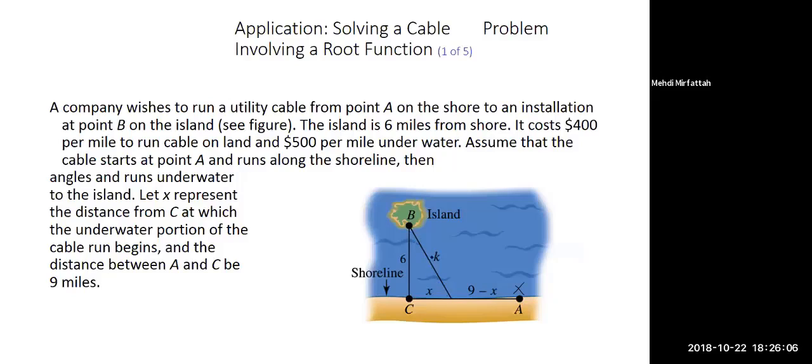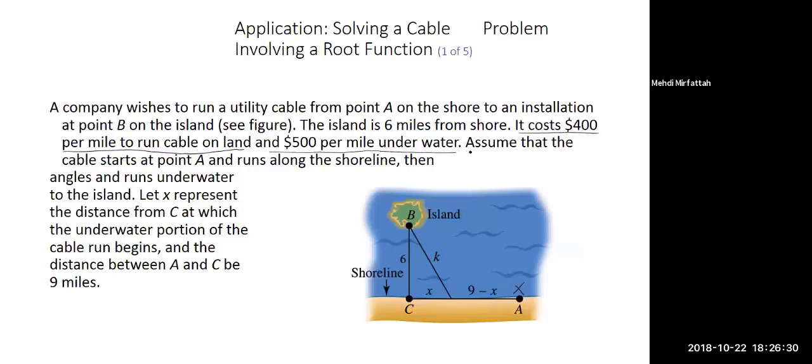There are different costs associated with the cable that runs on the ground or underwater. It costs $400 per mile to run the cable on land, and $500 per mile to do that underwater.